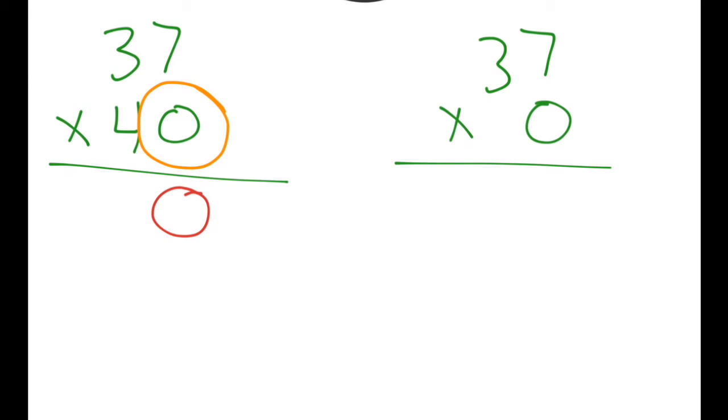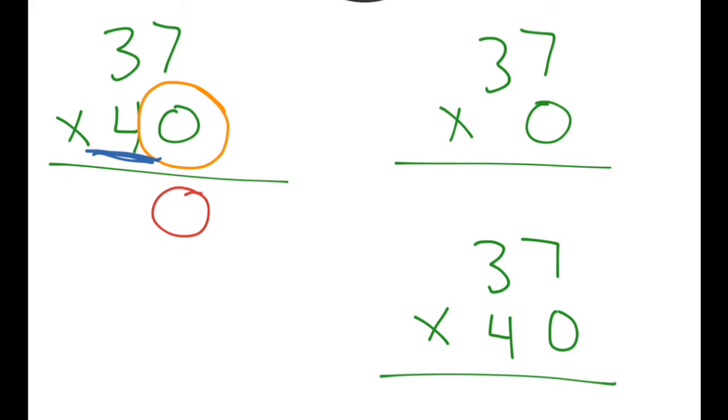So after we've multiplied by the ones place, we're going to move on to multiplying by the tens place. In this case, we have a 4 in the tens place. So what we're actually looking at here is 37 times, when you see that 4 in the tens place, you're thinking 40. So we're actually looking at 37 times 40.